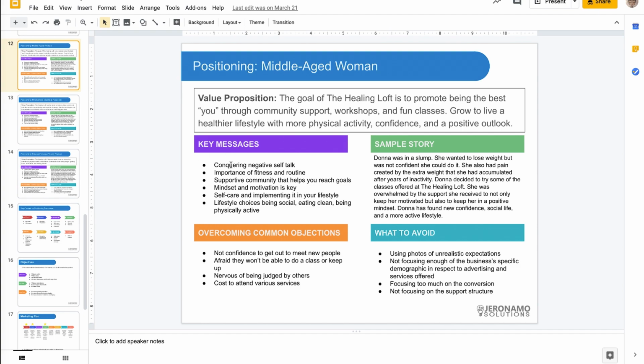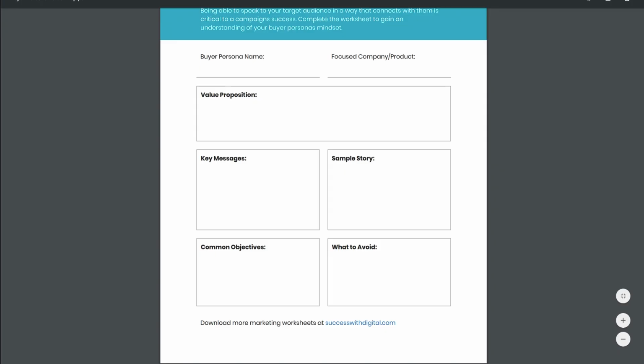So for this example, we knew that we wanted to talk about conquering negative self-talk, importance of fitness and routine, having a supportive community that helps reach goals, that mindset and motivation is key, and that self-care and implementing it into your lifestyle is important. So those are some of the key messages we knew that we wanted to touch on with the buyer persona.